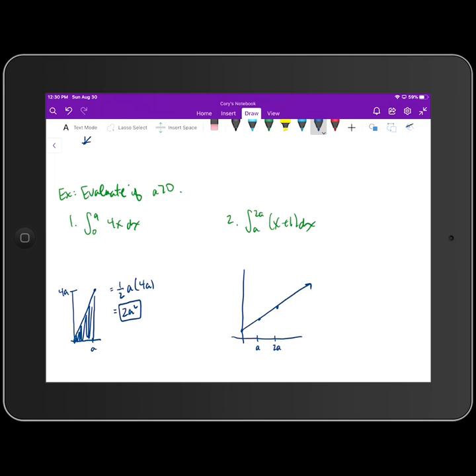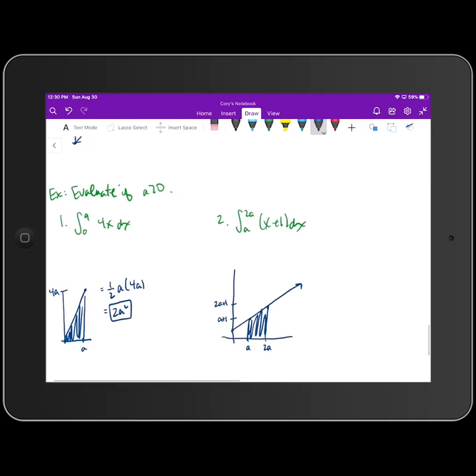So when we plug a into our function, the y-coordinate is going to be a plus 1. When we plug 2a into our function, the y-coordinate is going to be 2a plus 1. So graphically, when we compute that area, it is going to be in the shape of a trapezoid.